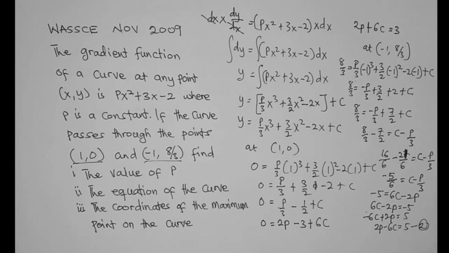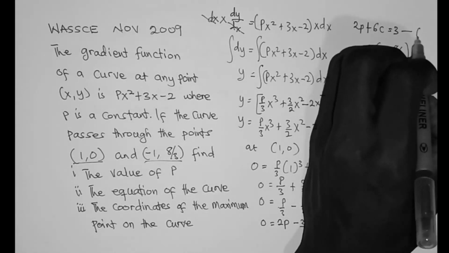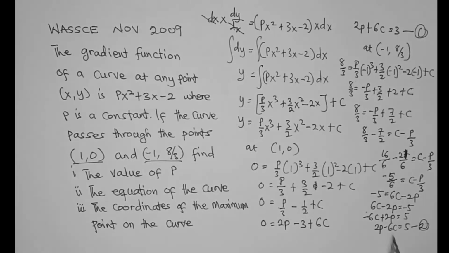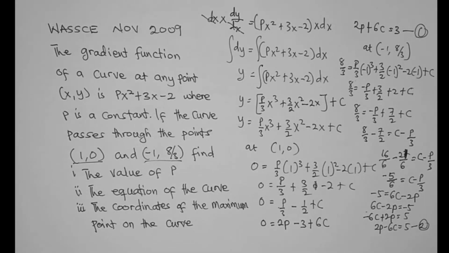So we now have our two equations, which is the first equation, which we got as 2p plus 6c equals 3, equation 1, and this equation 2, to solve simultaneously for the values of p and c.